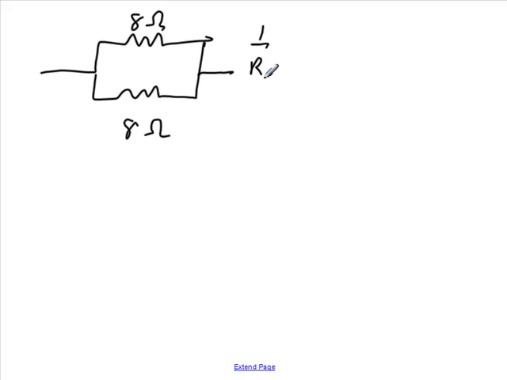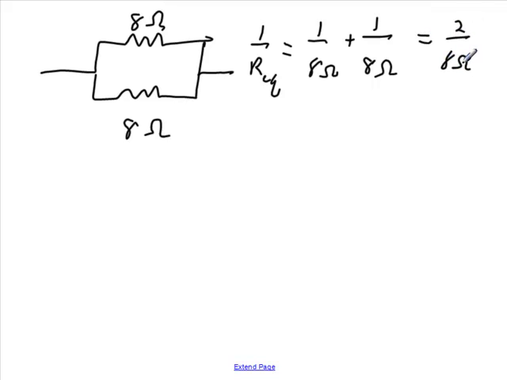So 1 over R equivalent is 1 over 8 ohms plus 1 over 8 ohms. That's 2 over 8 ohms, which is 1 over 4 ohms. So R equivalent is equal to 4 ohms.